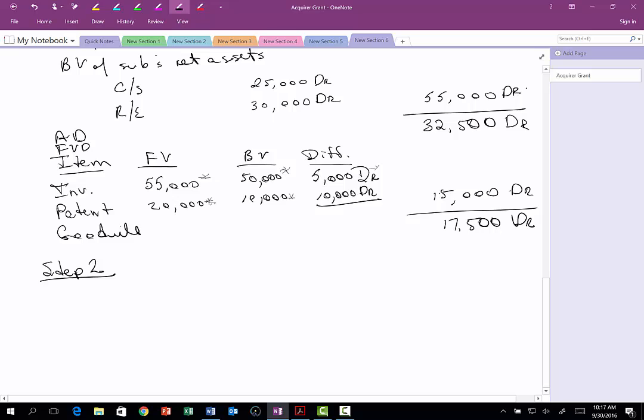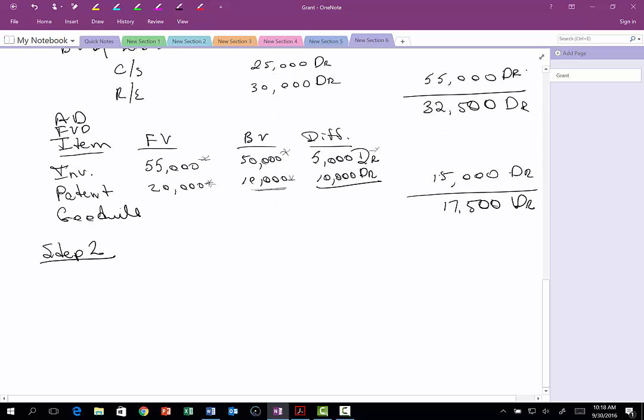This patent is being amortized in the sub's books and records. But the problem that's going to occur is the sub is going to be amortizing based on that 10,000. So consequently, we have to adjust amortization expense to reflect the fact that in fact that patent is valued at 20,000. So that's what step two is about.